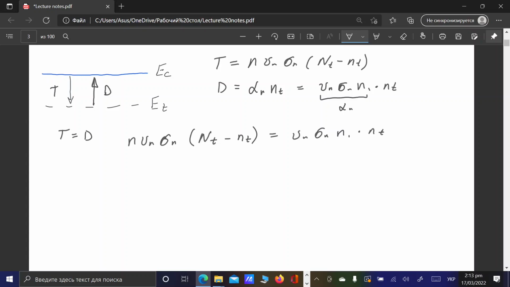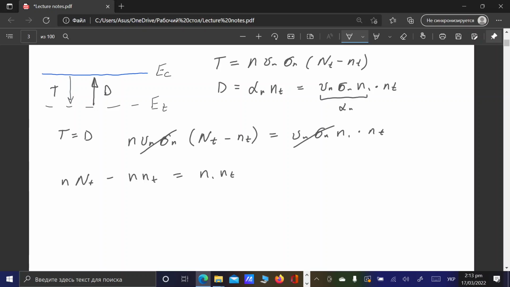So now we can cancel out these guys, and let's write it here, and we can open this parenthesis: N times Nt minus N times trapped charge carrier concentration will be equal to N1 times nt.